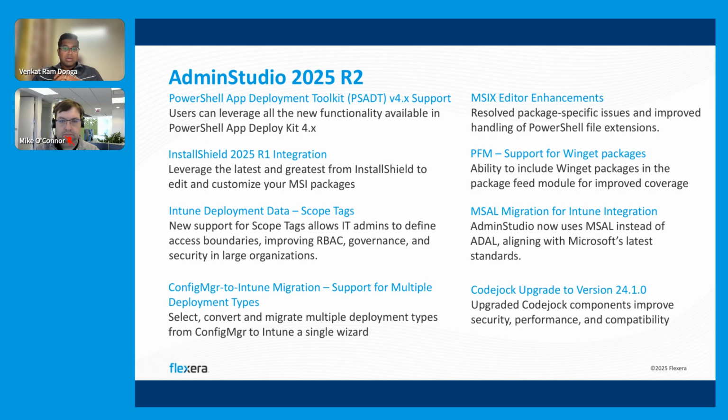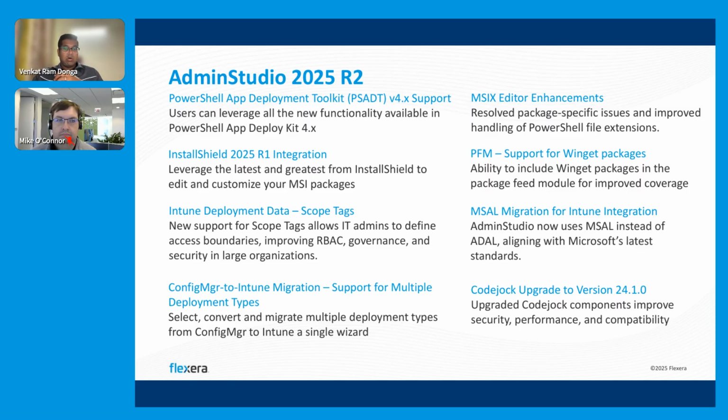Moving on to R2, we have released another release this year, and the first one would be to support PowerShell App Deploy Kit 4.x. And while we talk about it, our team is already investigating the latest version as well, right? So users can now leverage all the new functionality available in PowerShell App Deploy Kit 4.x.